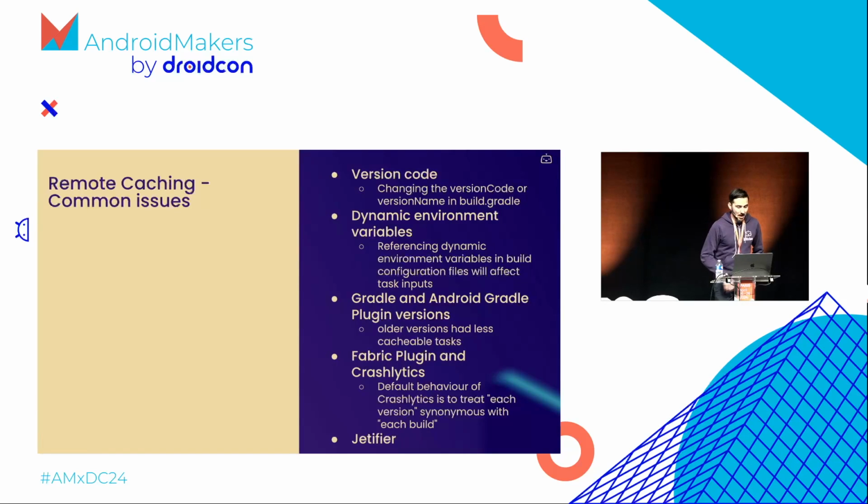And just looking at some of the common issues that we were bumping into. So in that specific example that I just showed, the version code was the specific input that was always changed before the execution, and this caused that increased amount of time of run. Basically, if your tasks are dependent on the version code, the version name, then it can quite heavily impact the cacheability of that given task.